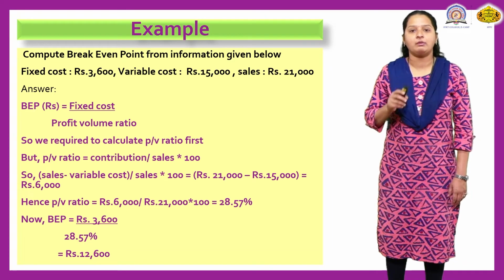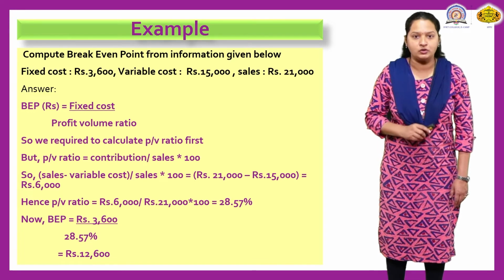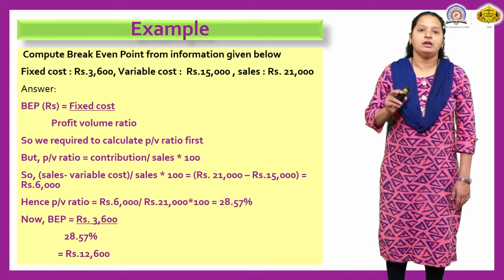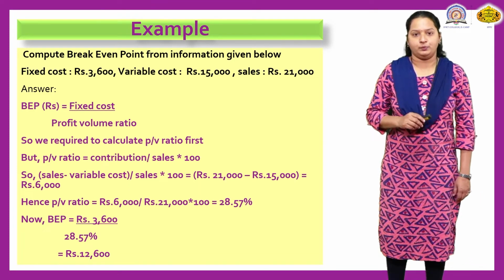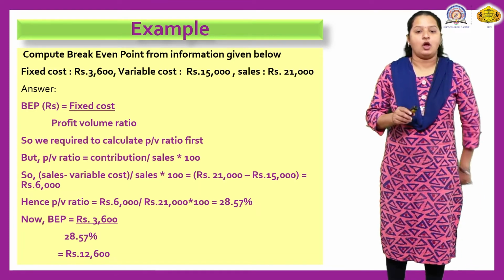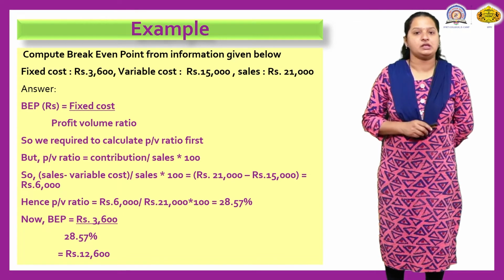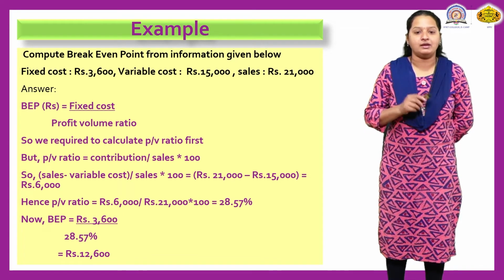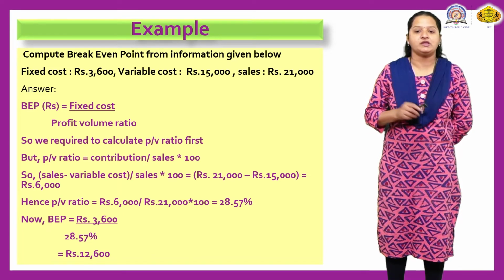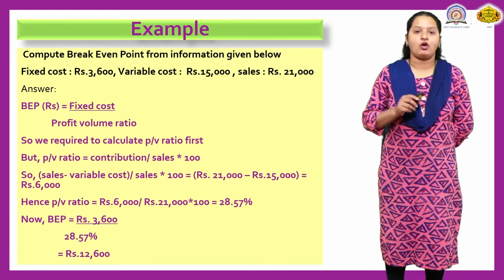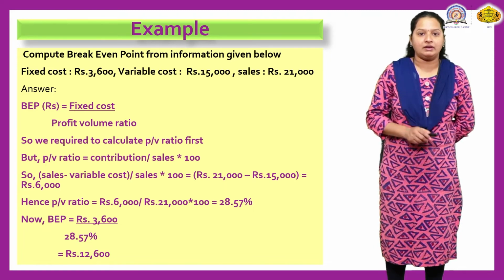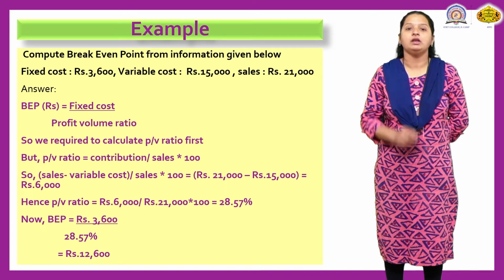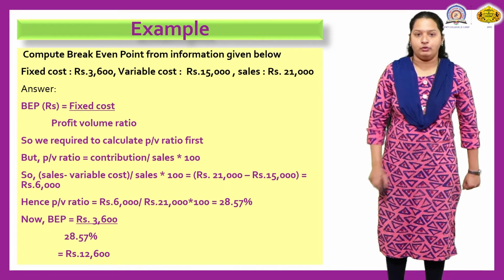Sales minus variable cost will come to the contribution. So, how much are the sales? Sales are rupees 21,000 minus variable cost is rupees 15,000, and our contribution will come to rupees 6,000. 21,000 minus 15,000, that will come as our contribution.